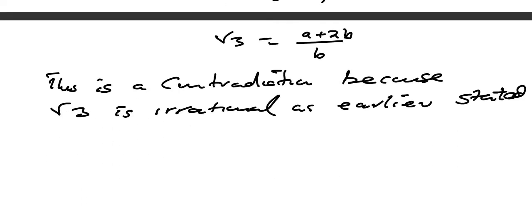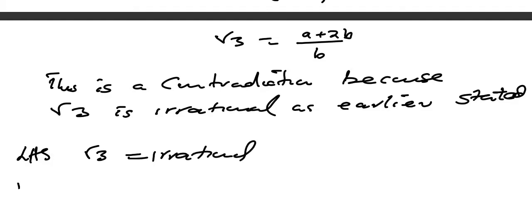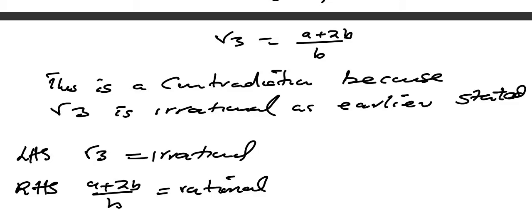So here we have a contradiction because the left-hand side is irrational, according to what they said, and the right-hand side is rational. This is in fraction form; it's a rational expression. Something irrational cannot be equal to something rational. So you establish the contradiction right here.